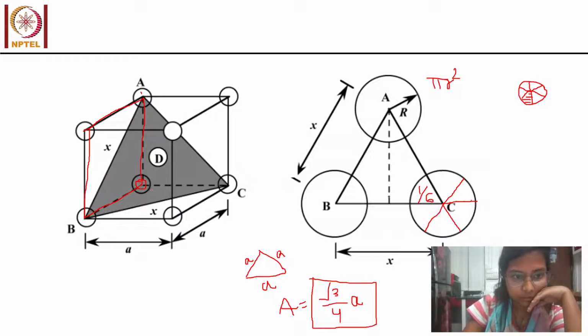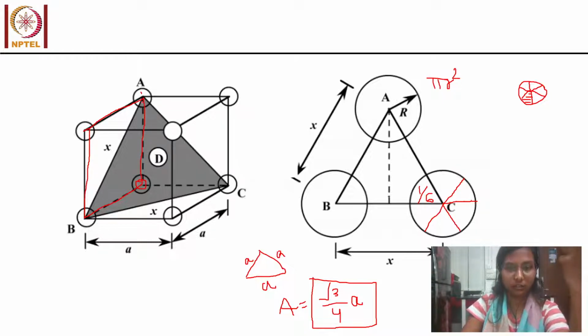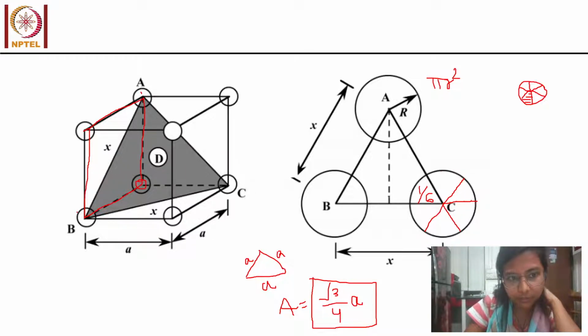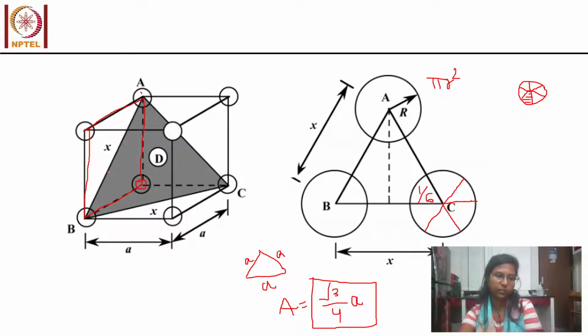If we consider this plane, then this is what? This is simply a face diagonal, right? So this is simply a face diagonal with length equal to root 2 into A, right?